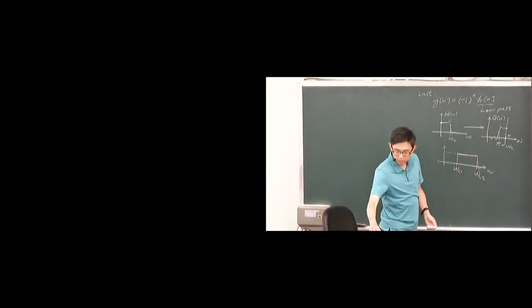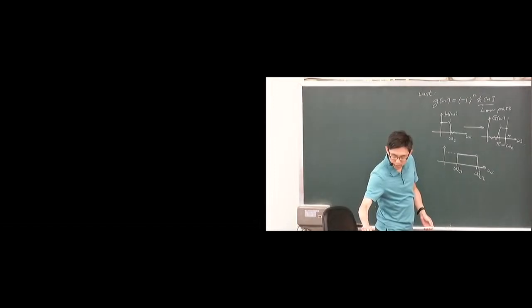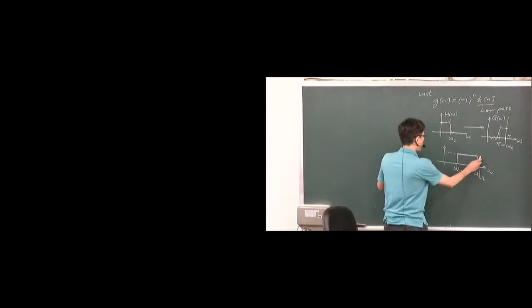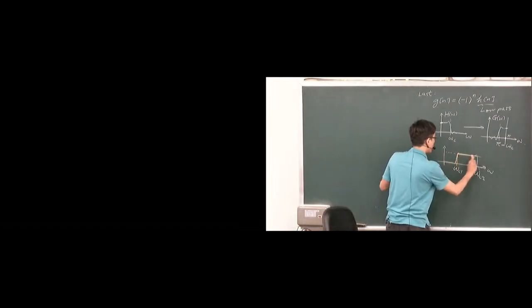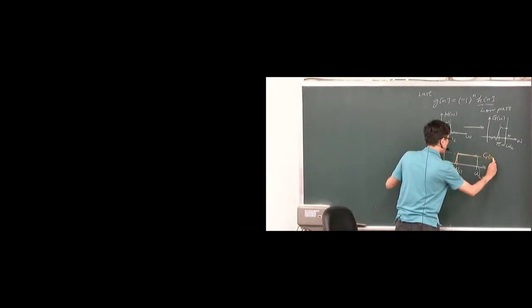One possible way of doing it is to design a low pass that cuts off right here, and then also design a high pass that cuts off right here. So this is G, and this might be H.